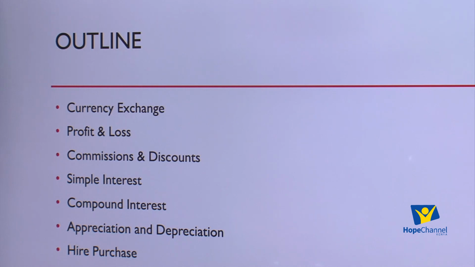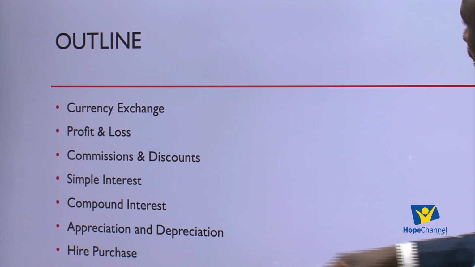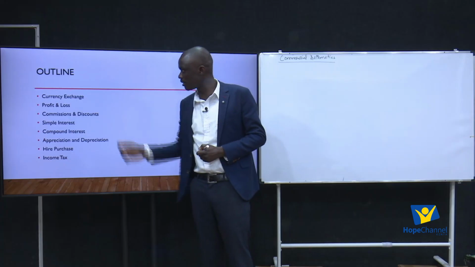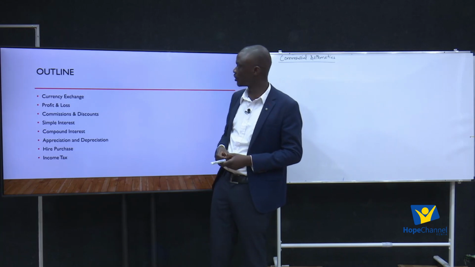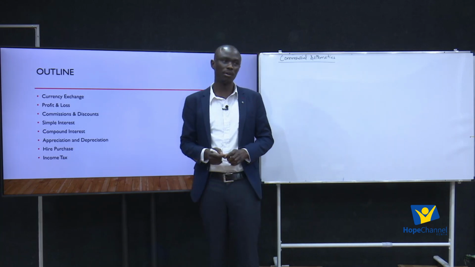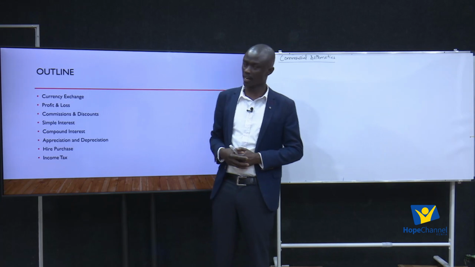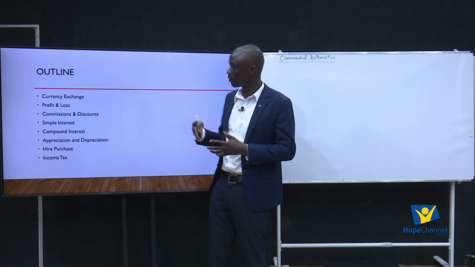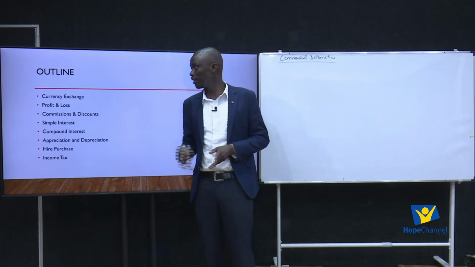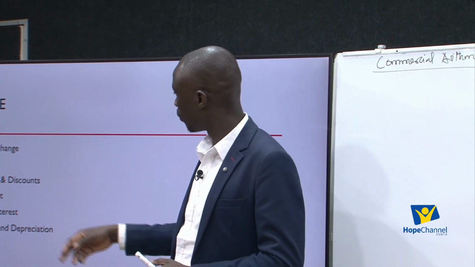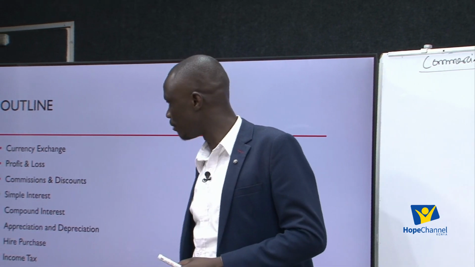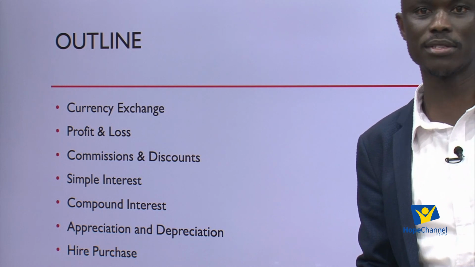By the end of this topic, we are supposed to have understood currency exchange. We need to know how we exchange our local currency against the international currencies. We will understand that in the banks we have the concept of buying and the concept of selling currencies. We'll be looking at the concept of profit and loss.